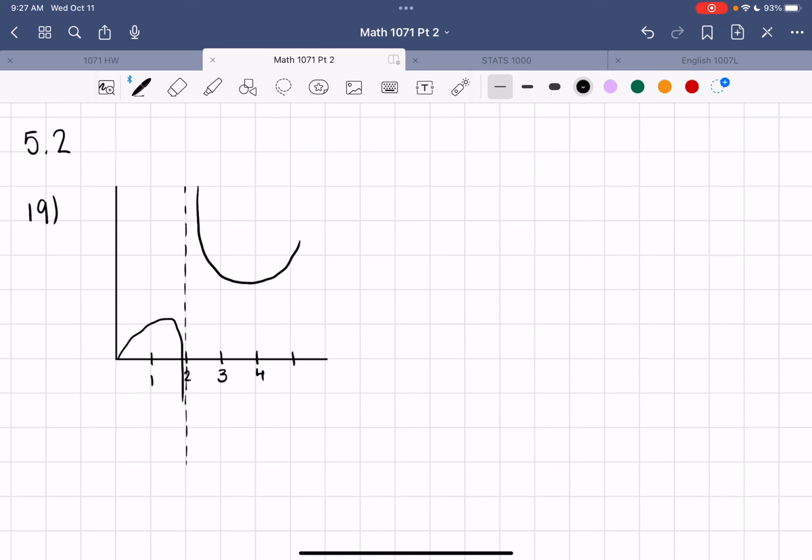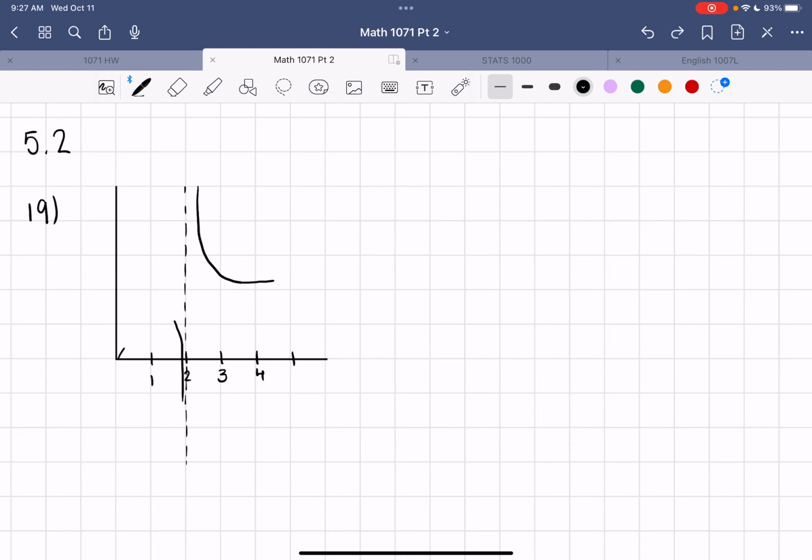And there is this asymptote at 2. And so we need to talk about asymptotes. Do you remember what an asymptote is? It's a limit line. The function gets closer and closer and closer to the line, but never touches it, never crosses it.